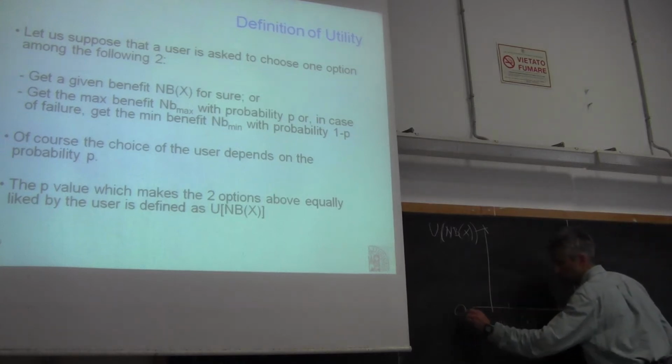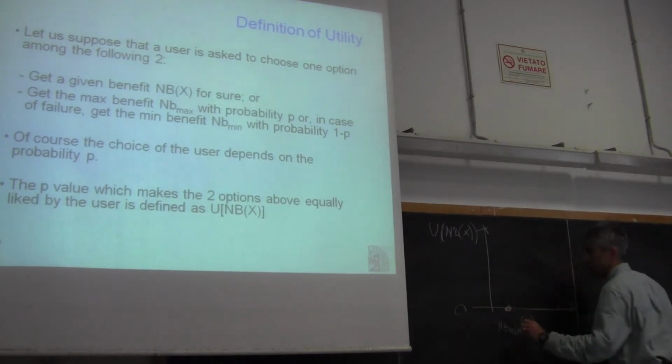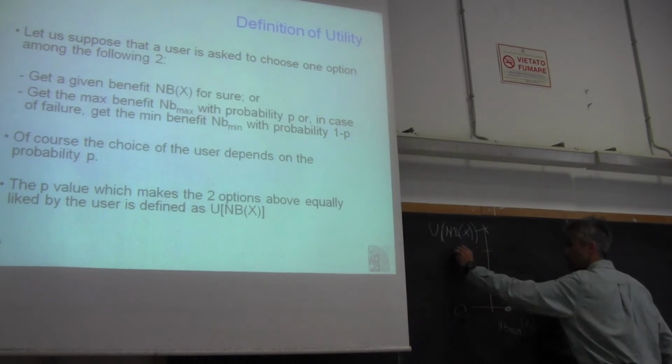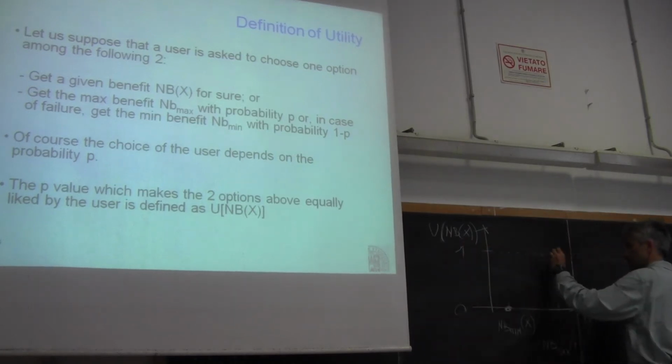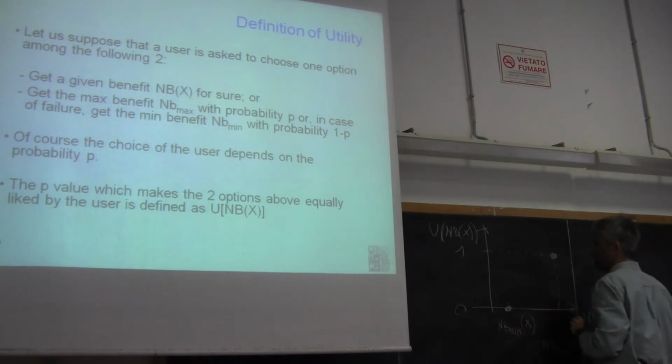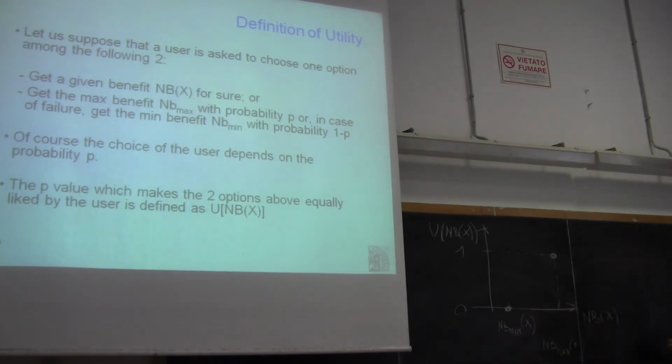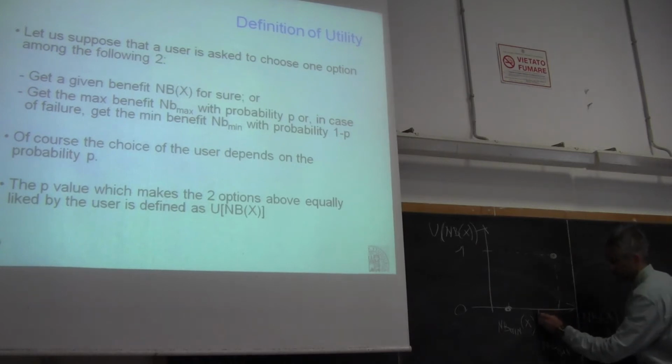So utility is 0 for the minimum benefit and is 1 for the maximum benefit. Now the question is, what is the utility for a given benefit MB star?